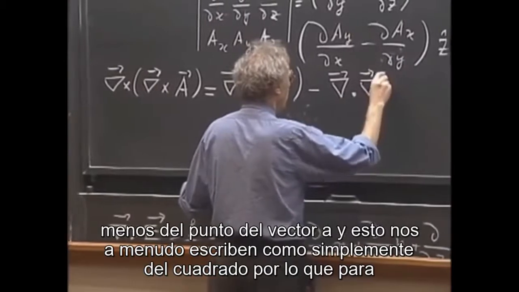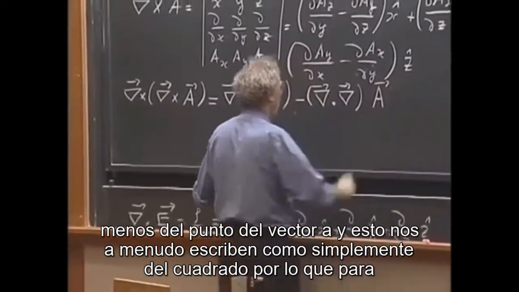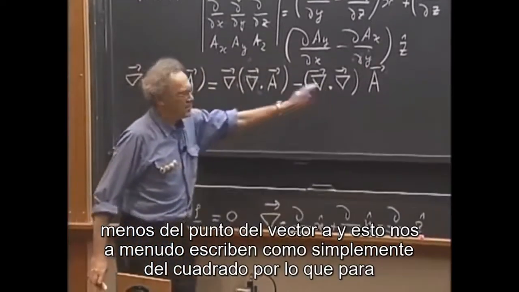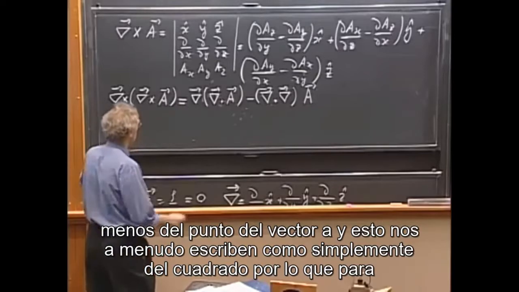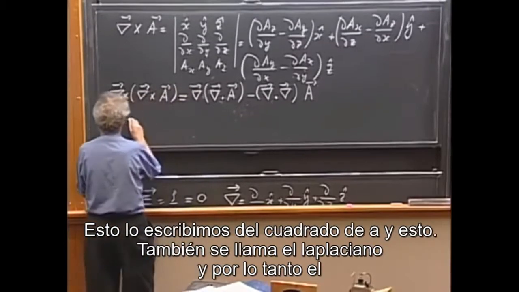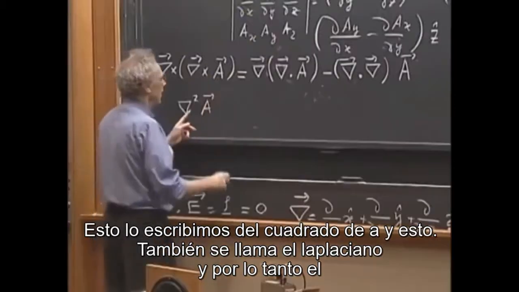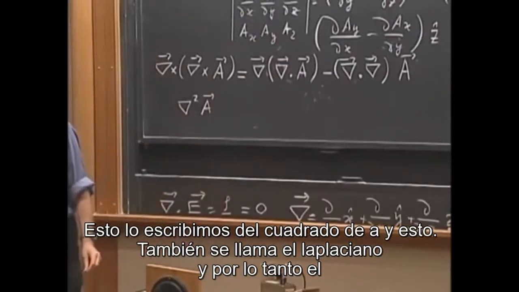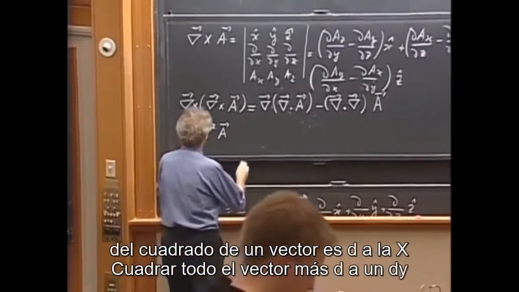minus del dot del of vector A. And this we often write as simply del squared. So for this we write del squared of A, and this is also called the Laplacian.